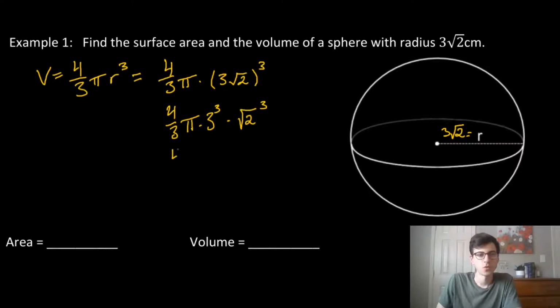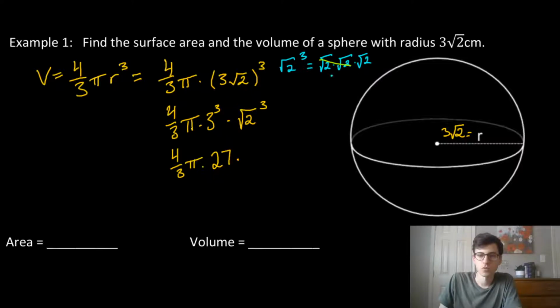Okay, so that's 4/3 pi times 3 cubed, which is 3 times 3 times 3, or 27. The square root of 2 cubed, I feel like maybe an aside would be helpful here. The square root of 2 cubed is the square root of 2 times the square root of 2 times the square root of 2.